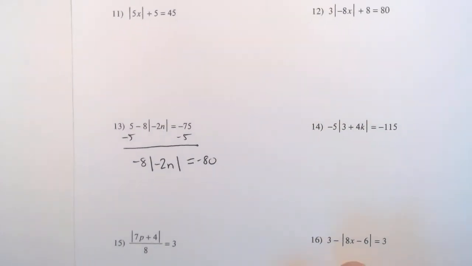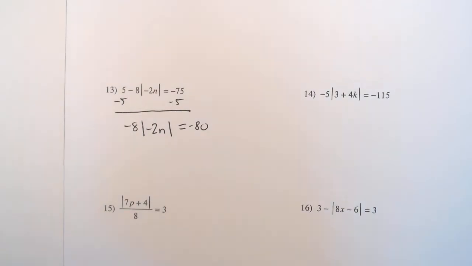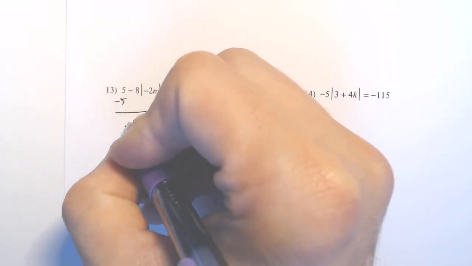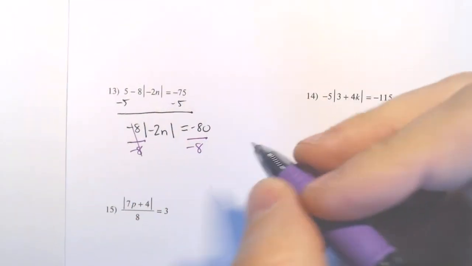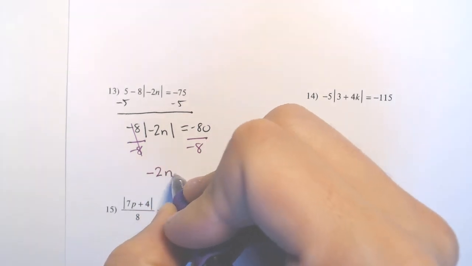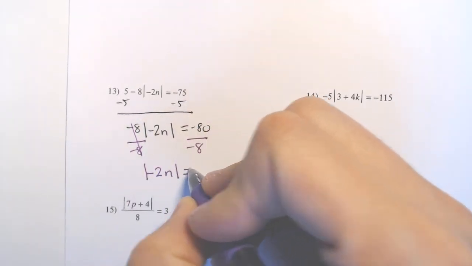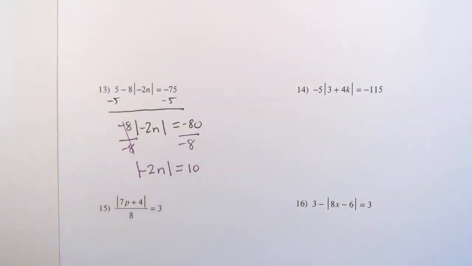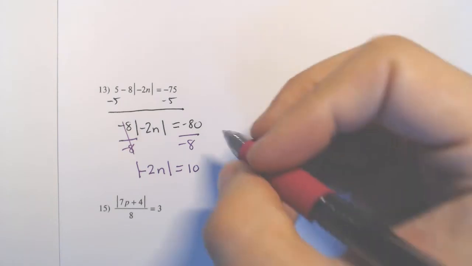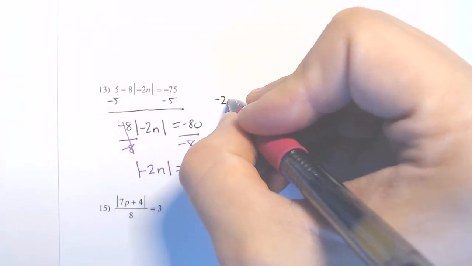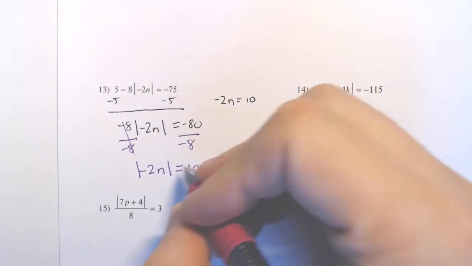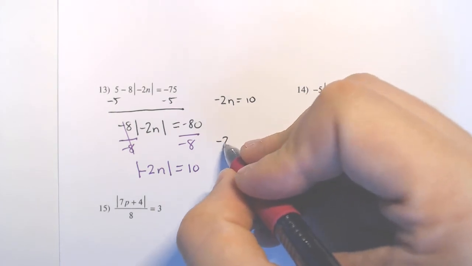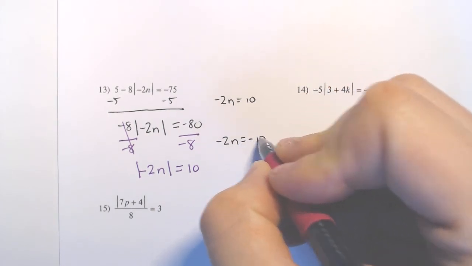You are forced and have to divide it off. Divide by negative 8 to get rid of 8, and divide by negative 8 on the other side. Now we have the absolute value bars by themselves, and negative 80 divided by negative 8 is 10. Okay? From here, negative 2n would equal 10, because the absolute value bars are by themselves, and negative 2n would equal negative 10.